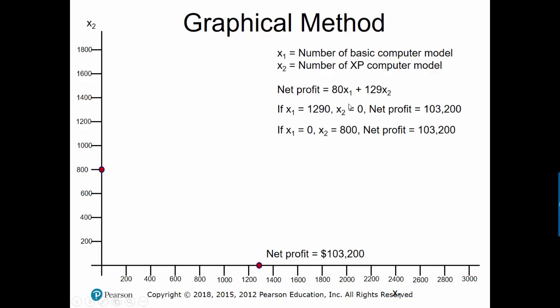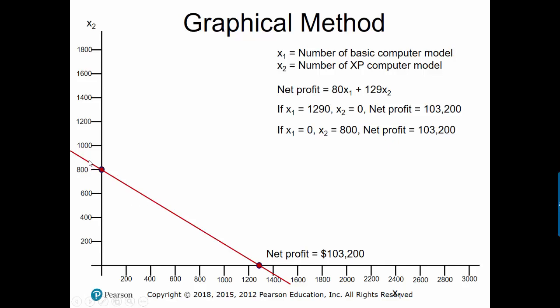So that also will give you a net profit of 103,200. It so happens that if you connect these two points with a straight line, all the points on this straight line each represent a particular combination of production. For example, that point is roughly 800 units of x sub 1 and maybe 370 or 380 units of x sub 2, whereas that point here is about 400 units of x sub 1 and about 600 units of x sub 2.